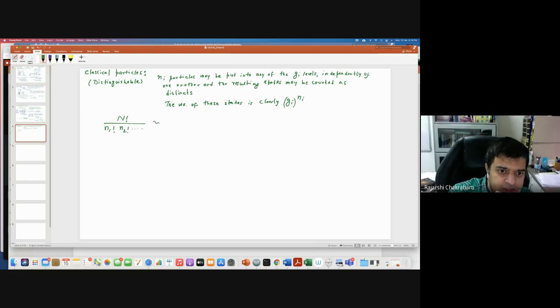So this weight factor is actually this, and it essentially tells you that for classical particles, it is nothing but Maxwell-Boltzmann.